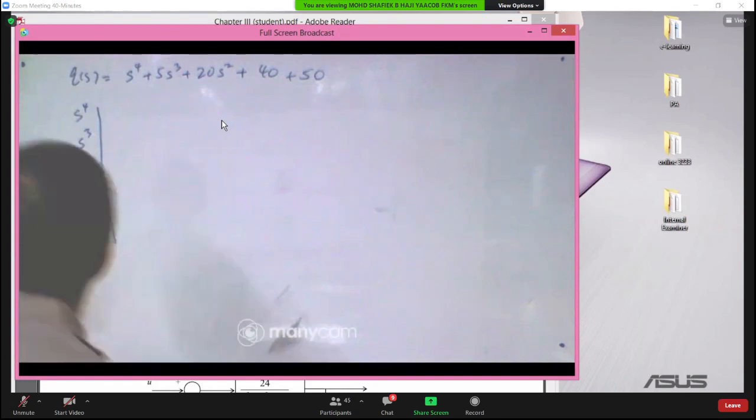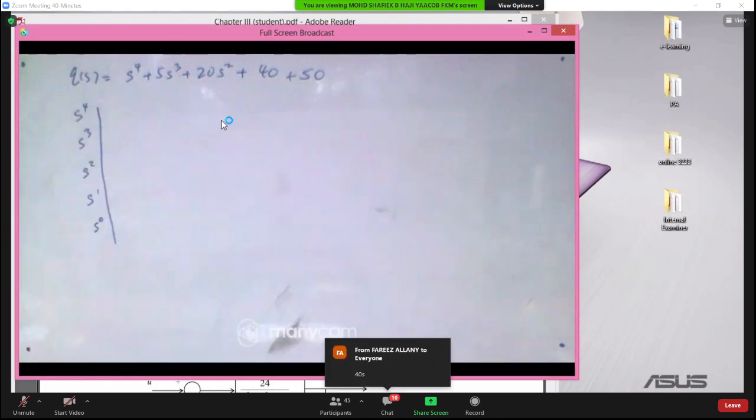So the first two rows, you fill in using the coefficients of the polynomial.